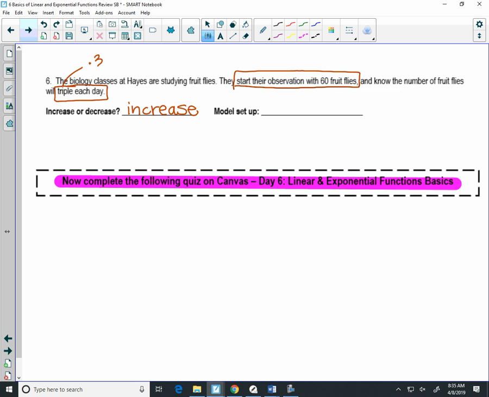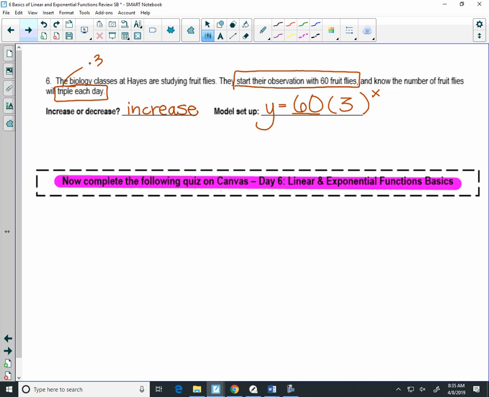I like to do a little model setup for myself. And then put my numbers where they go. If I want to start with 60, the 60 has to go in that front blank. If I want to triple, then this needs to be a 3.